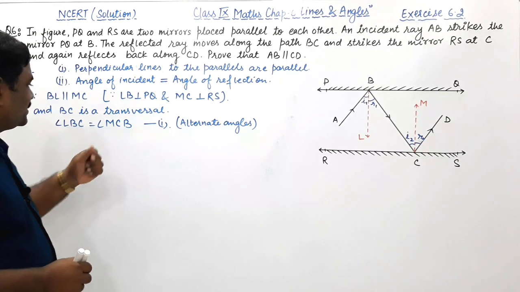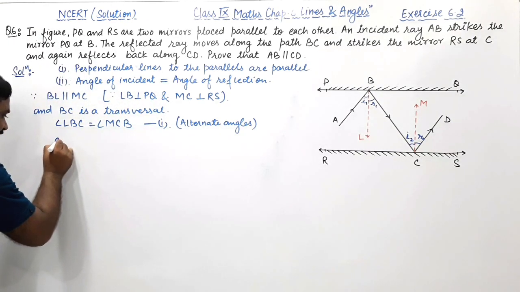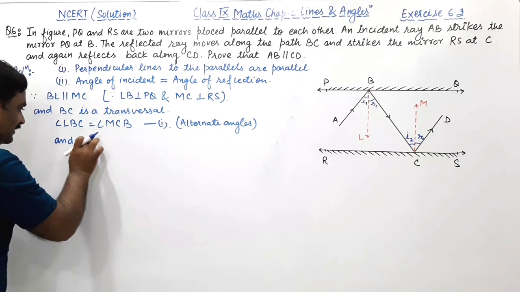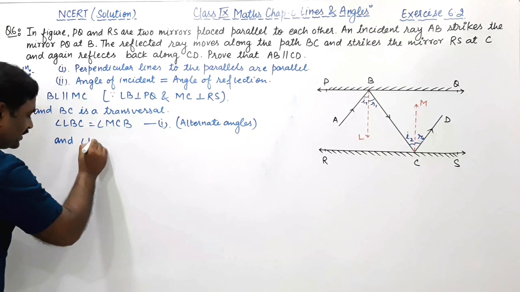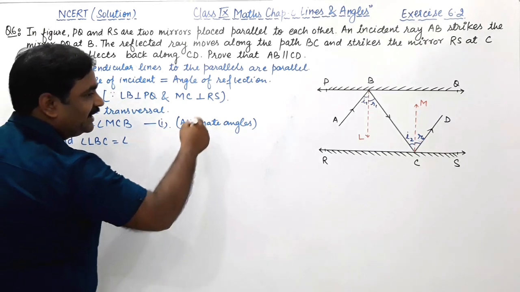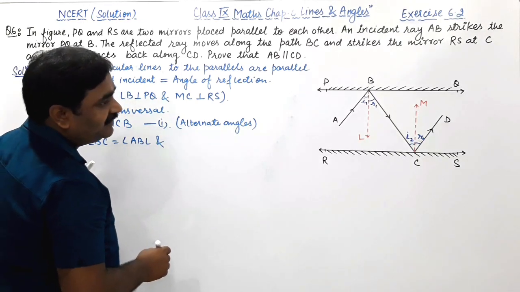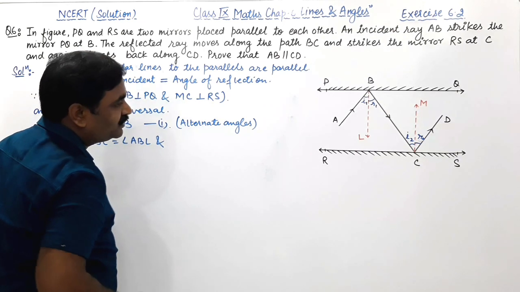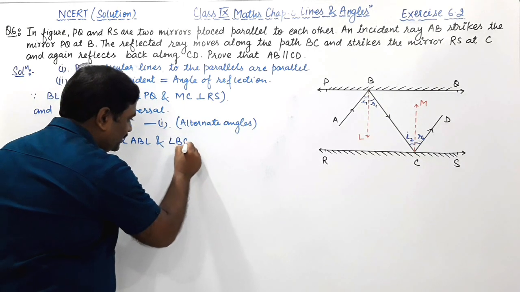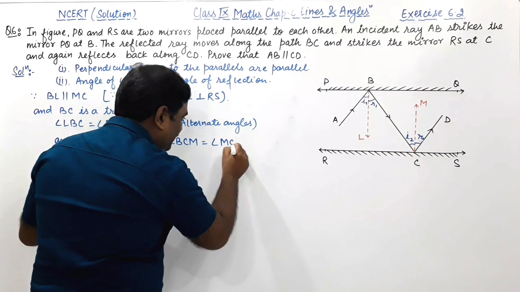Angle LBC is equal to angle MCB, right? And angle LBC is equal to angle ABL, and second, angle BCM is equal to angle MCD, right?